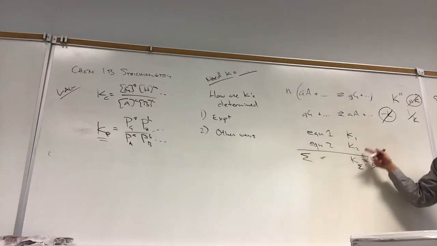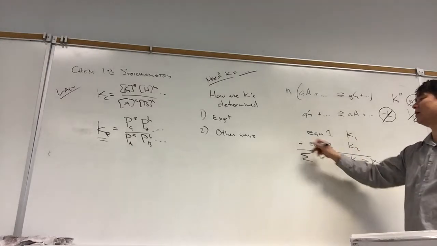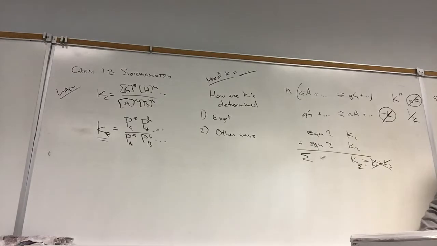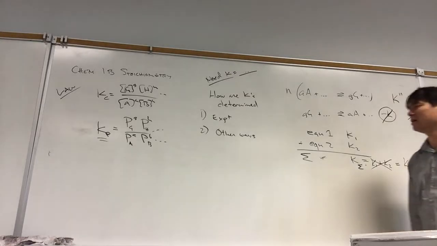You add them, right? If you add the equations, you add the delta H's. But for us, it's not. For us, when you sum the equations, you multiply the K's. So this would be K1 times K2. It's similar, but it's different. It's like Hess's law.